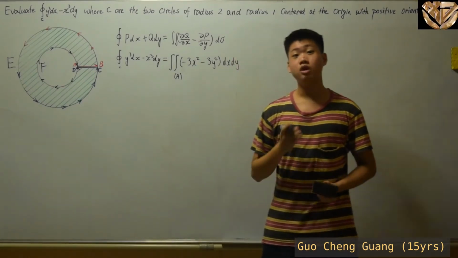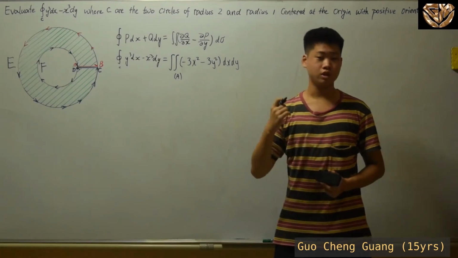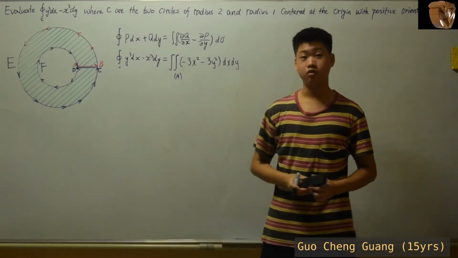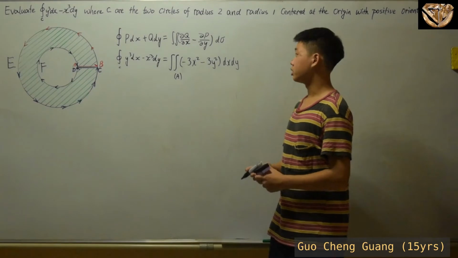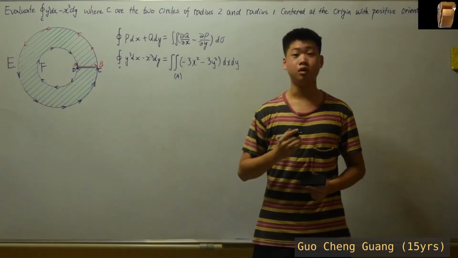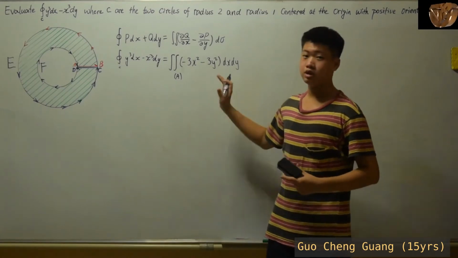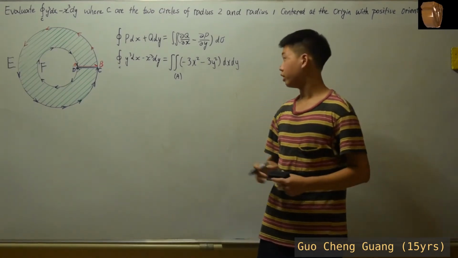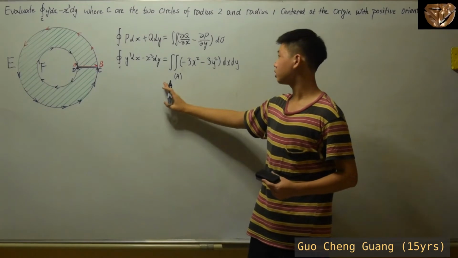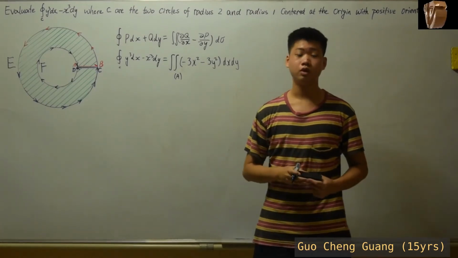So now that you have gotten this form, what is the next problem that you might think of? Of course, how do I determine what my boundary is? This is in Cartesian coordinates, in a double integral form.